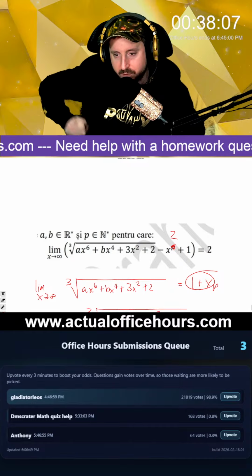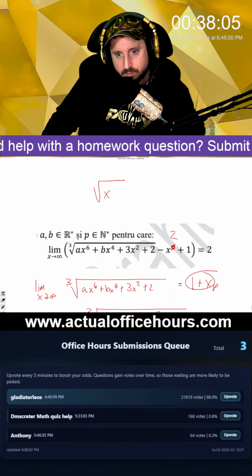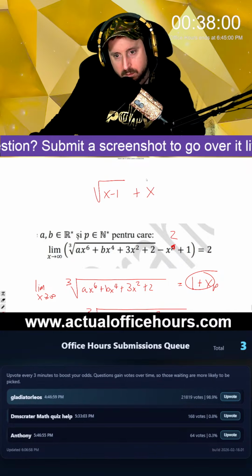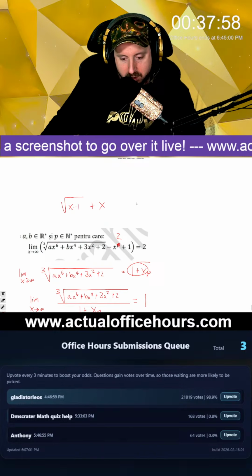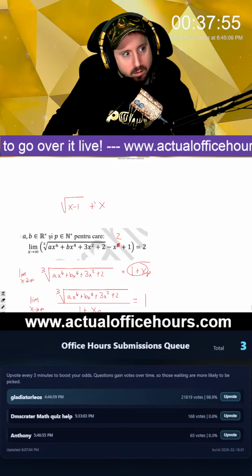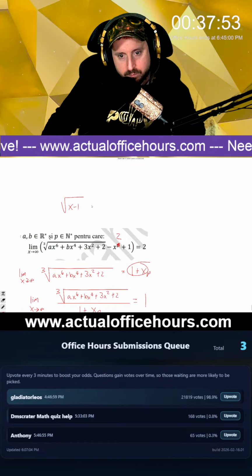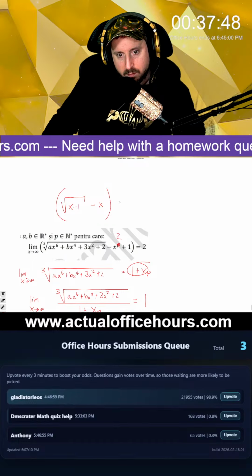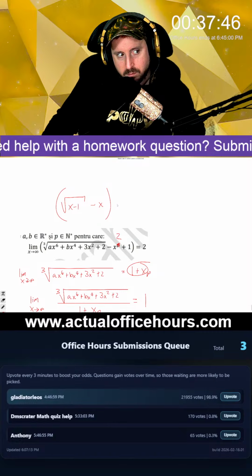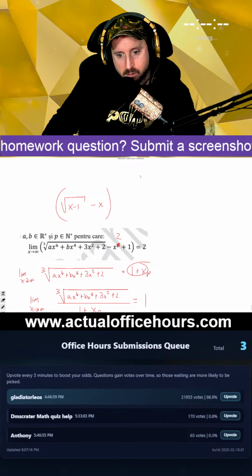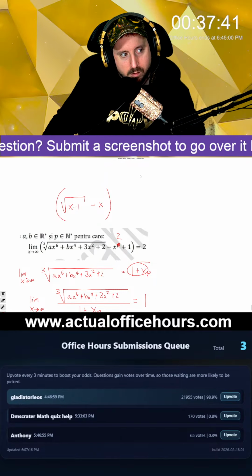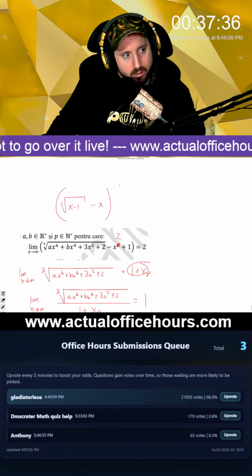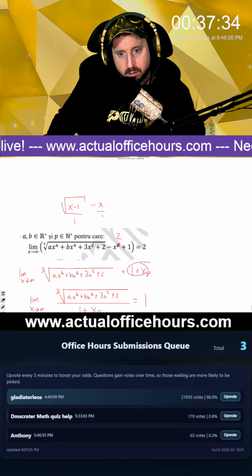Square root x minus 1 plus x. Yeah, the conjugate of that would be... This? You're saying this? Imagine it as a fraction with denominator 1. Like that?